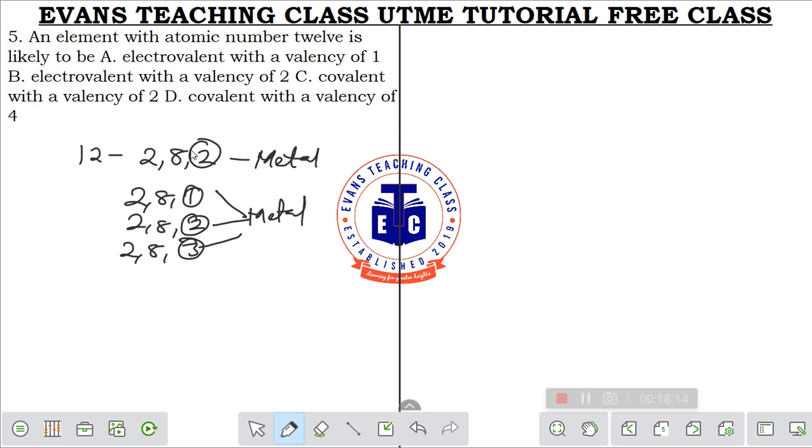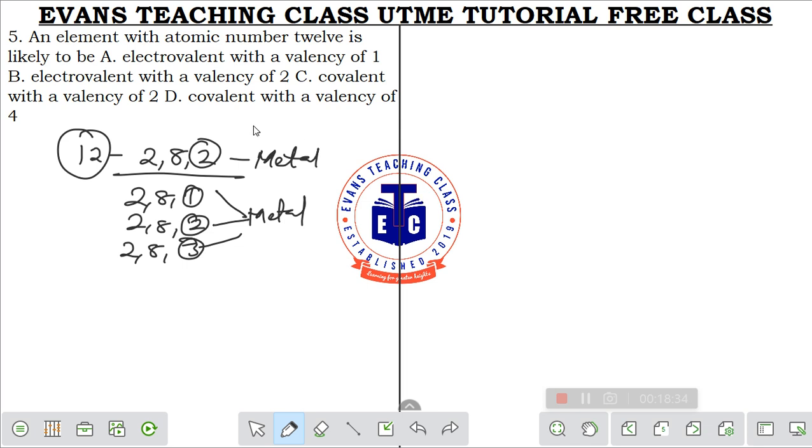Now they say this element has an atomic number of 12. When I wrote the electronic configuration, I noticed that it ended with 2, so it means it's a metal. There is no way this element will form a covalent bond, because I told you that covalent bond can only be formed by non-metals.